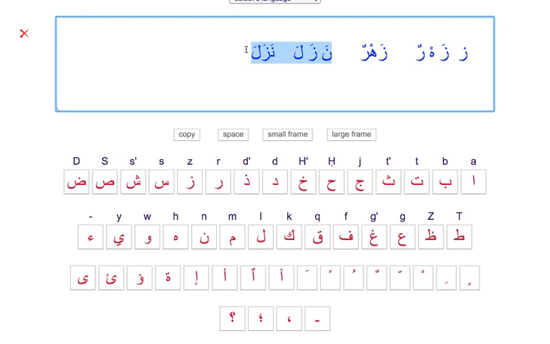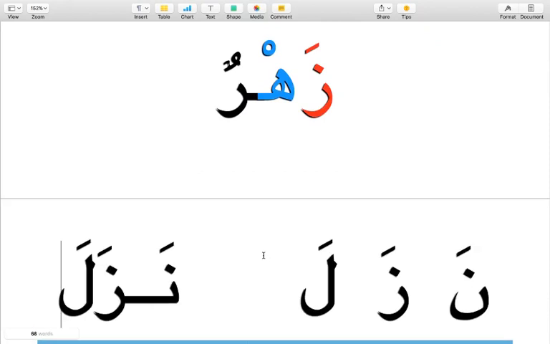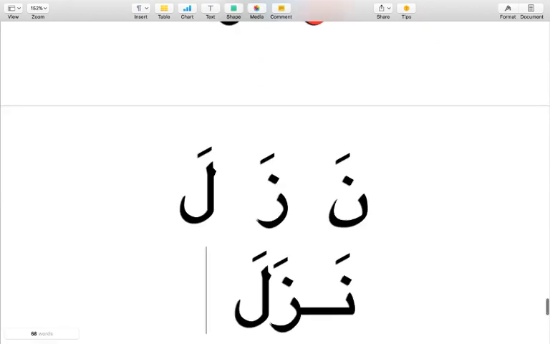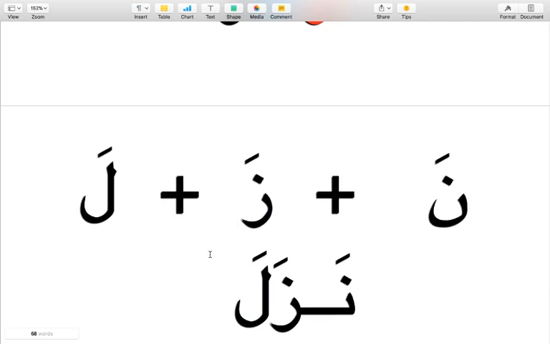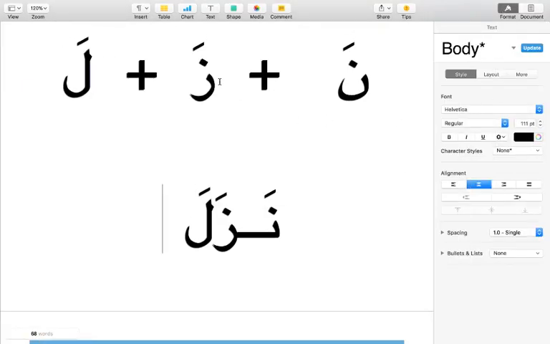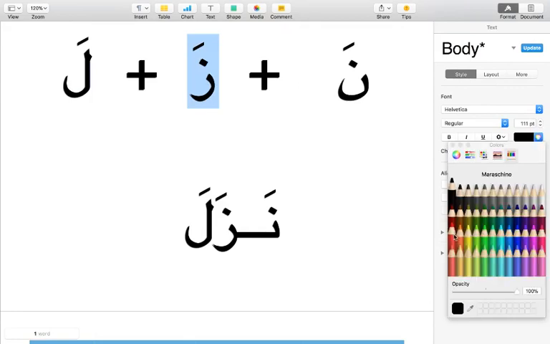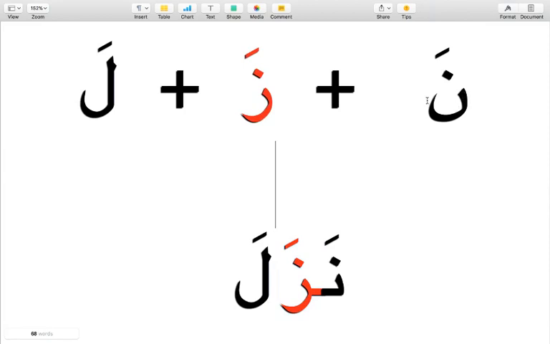Let's put it in Pages so we can see it more clearly. We'll change the color of that, put that in red. Noon is joined with zal, so we can connect letters before it, the preceding letter.